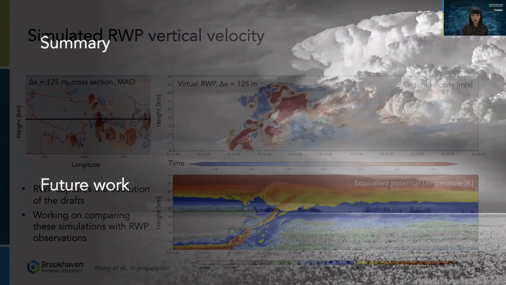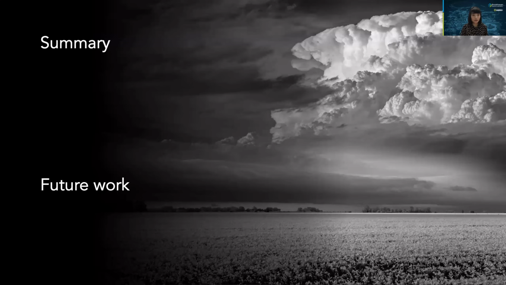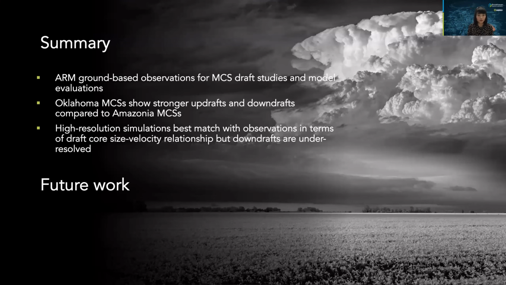So this is all I have for today, and I'd like to summarize all the things we have here. We have a great observational data set from ARM that we can use to study MCS properties, especially their updraft and downdraft structures. And we also came up with some interesting metrics to evaluate the model performance.